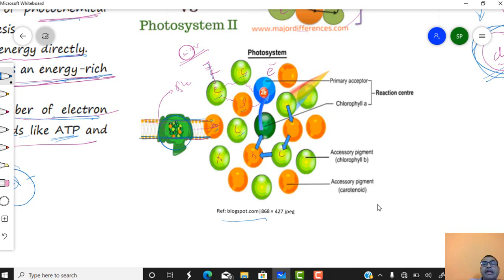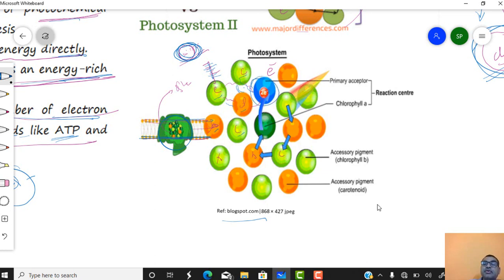Each pigment acts as an antenna and traps the energy from the sun in the form of a photon. The absorbed energy is sent to the reaction center by means of resonance. This is the reaction center.